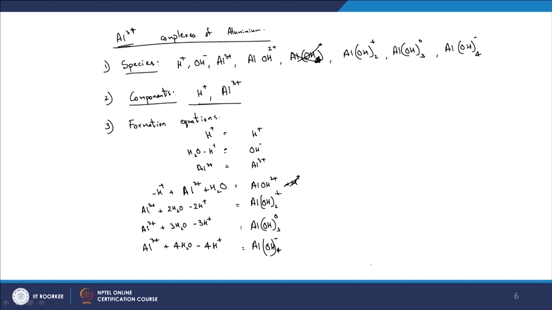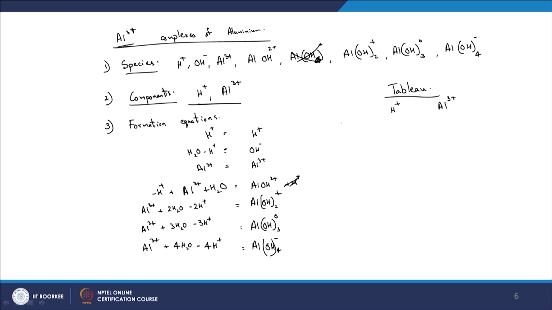And now I can go ahead and get done with my tableau. Here I am going to list all the components, and in this case I only have 2 components, H plus and Al3 plus.